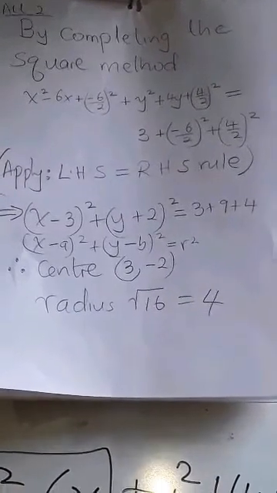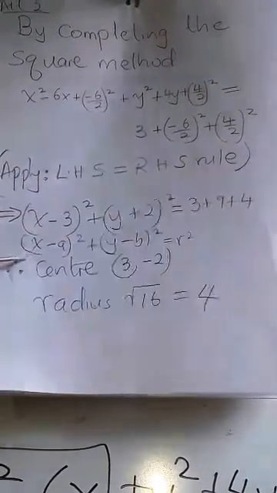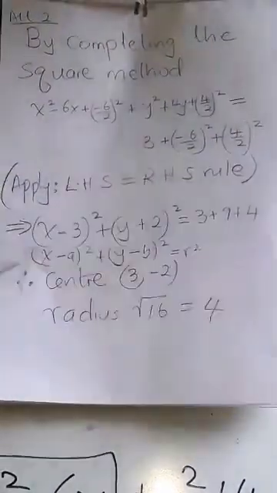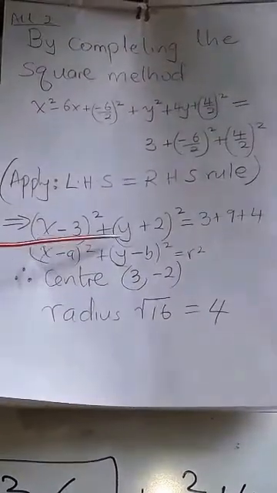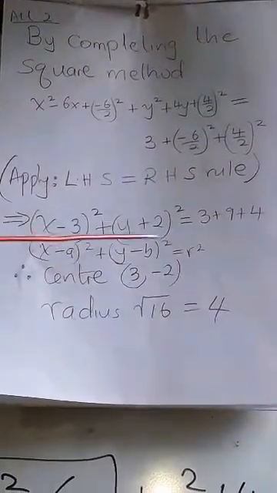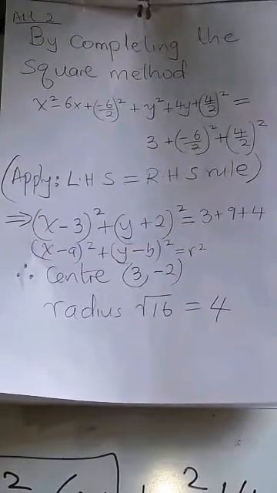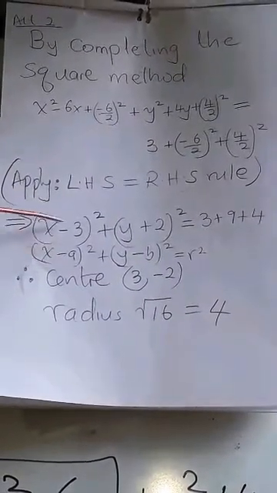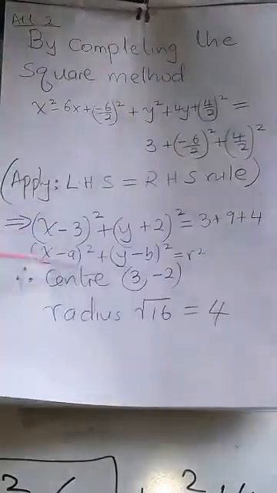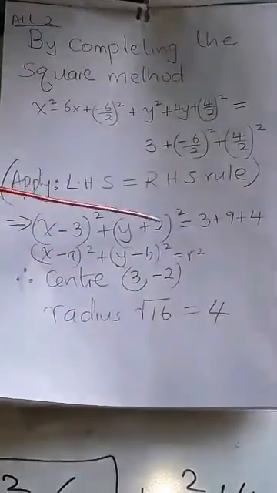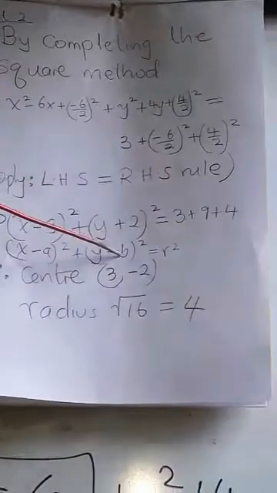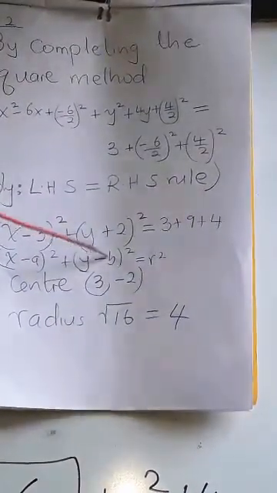So what do we have? Now we have rewritten in the general equation (x minus a) squared plus (y minus b) squared is equal to r squared. Then again you compare. So this is negative, this is 3, this is a. So a is 3. And here we have y minus b is y plus 2.